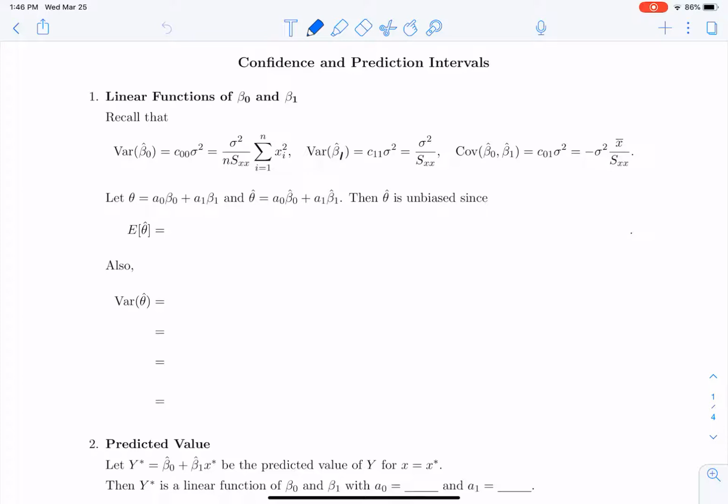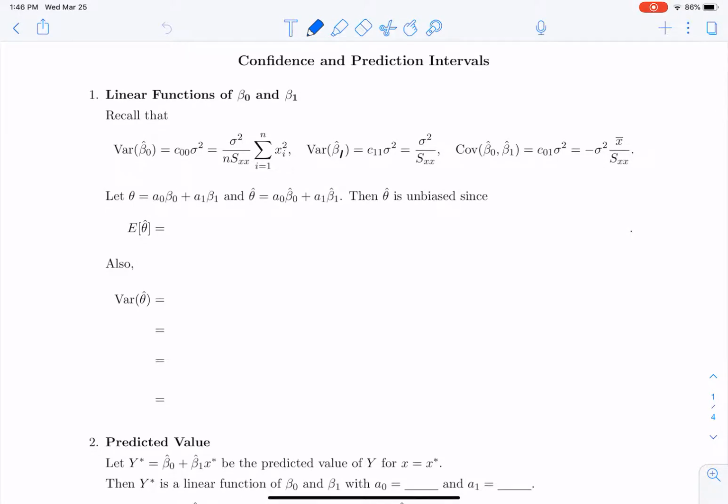So what we're going to do first is look at a linear function of our two parameters β0 and β1. We're going to let θ be a0 β0 plus a1 β1. And then the estimator θ hat would be a0 β0 hat plus a1 β1 hat. Then the expected value of θ hat is going to be the expected value of a0 β0 hat plus a1 β1 hat.